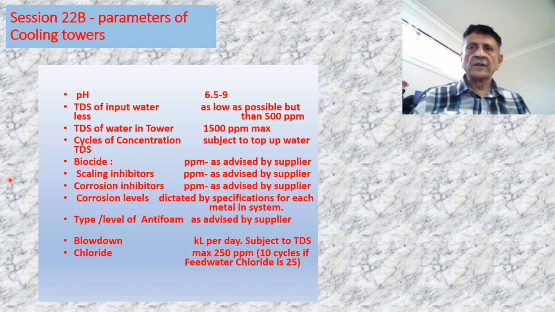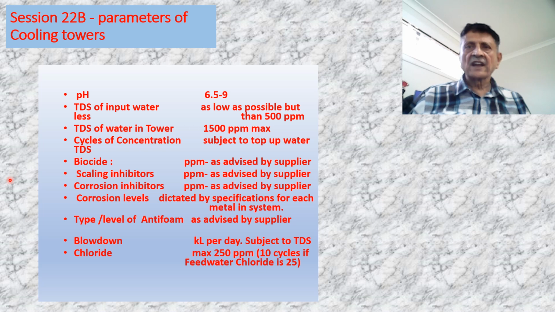Now we have one further parameter which is very important, that is chloride, because chloride is the biggest culprit in corrosion. So if we reduce and keep the chlorides as low as possible, then we'll have a better control system.